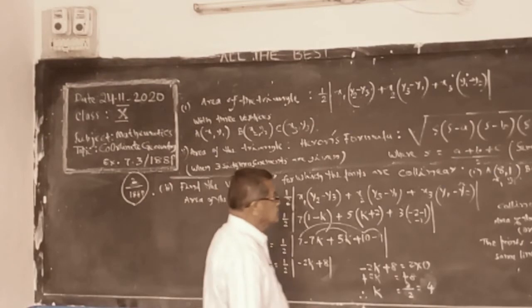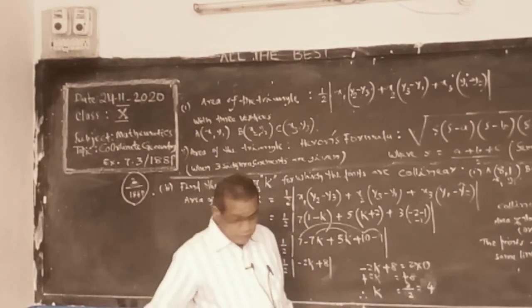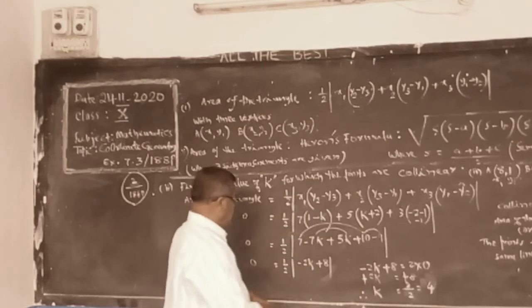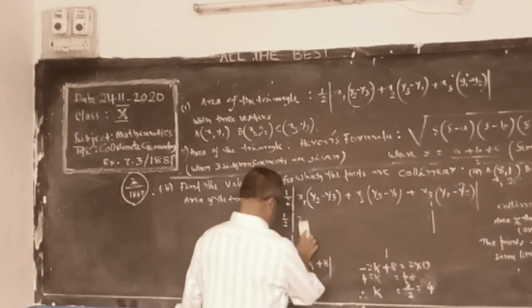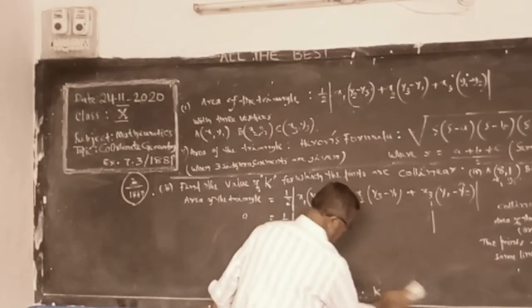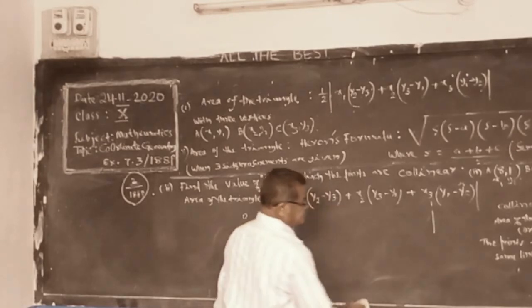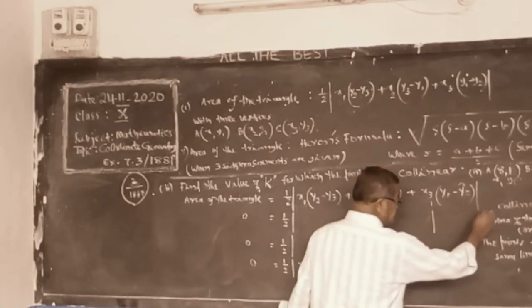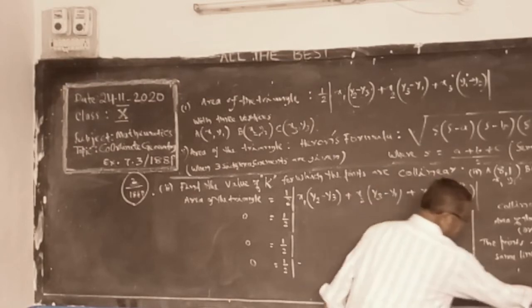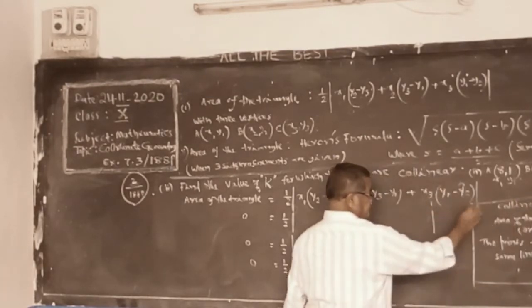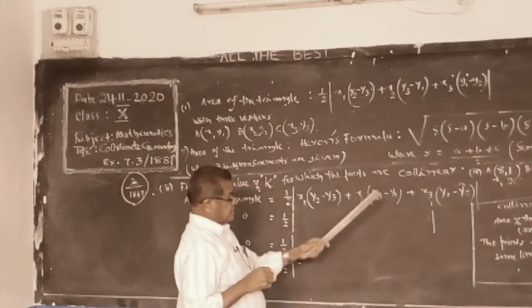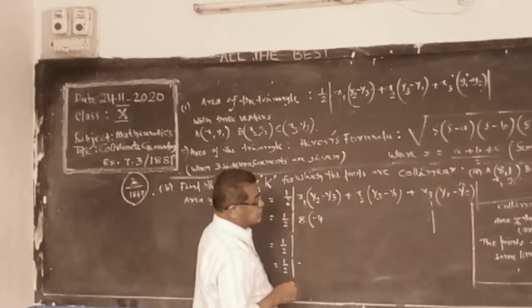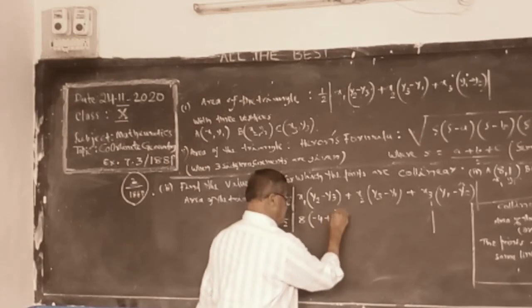Do this problem. Now first bracket: x1 is 8, y2 minus y3 is minus 4 minus (minus 5), which becomes plus 5.